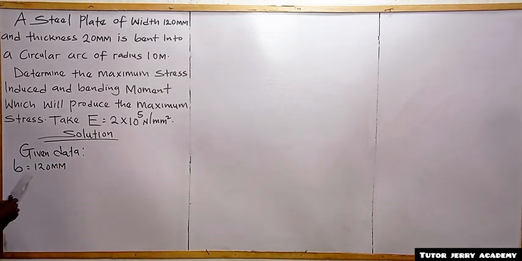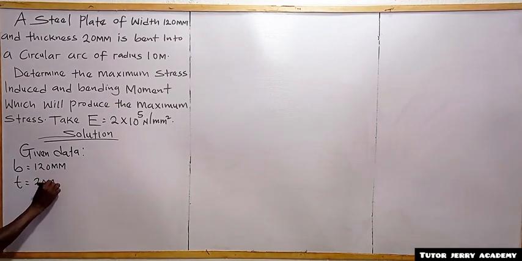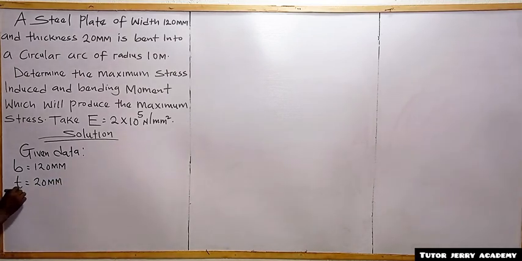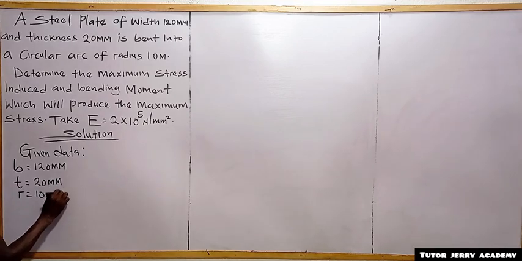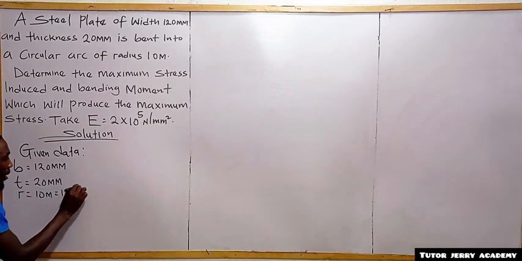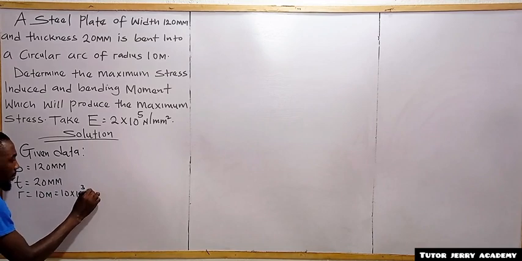We are given the thickness T, which is equals to 20 mm. And we are given radius to be 10 meter, which is going to be equals to 10 times 10 to the power of 3 mm.